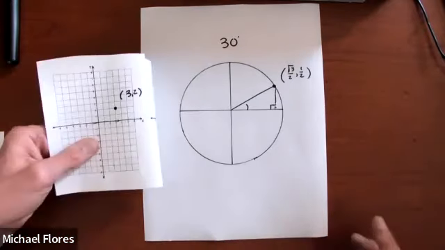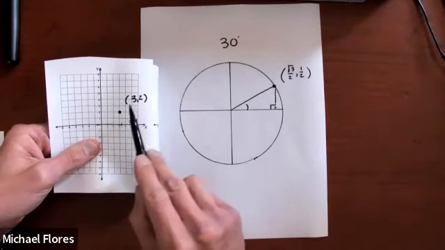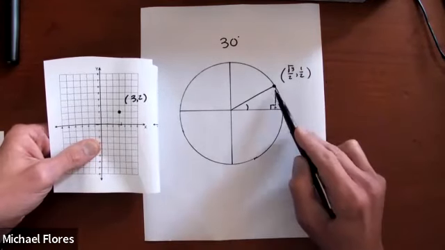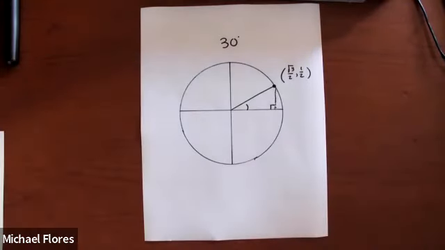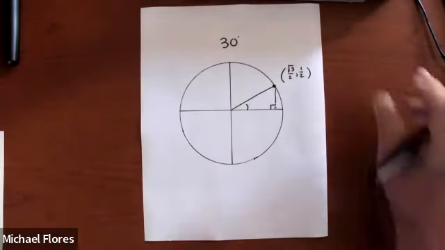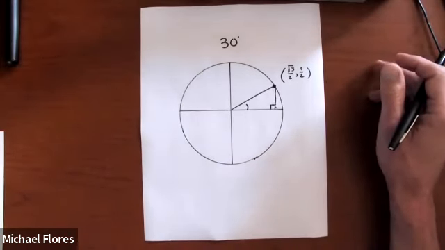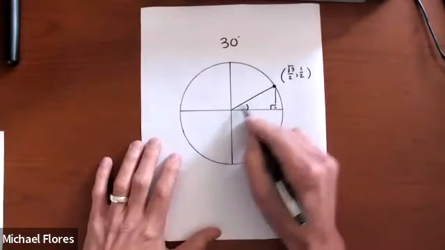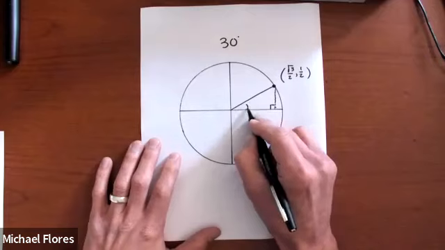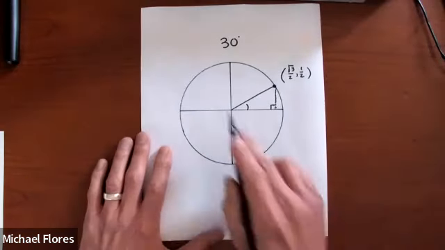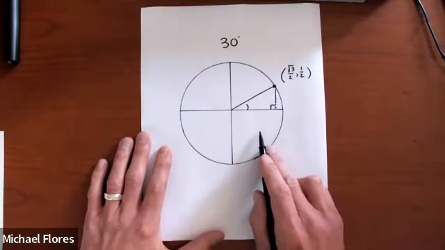So let me compare again. This plot right here has a coordinate of 3, 2. This plot right here has a coordinate of √3/2, comma, 1/2. Now, last class, we also learned about reference angles. Reference angles simply means the distance of your terminal ray and its closest x-axis. So the distance from here to here. Well, there are 3. Here's quadrant 1, quadrant 2, quadrant 3, quadrant 4.